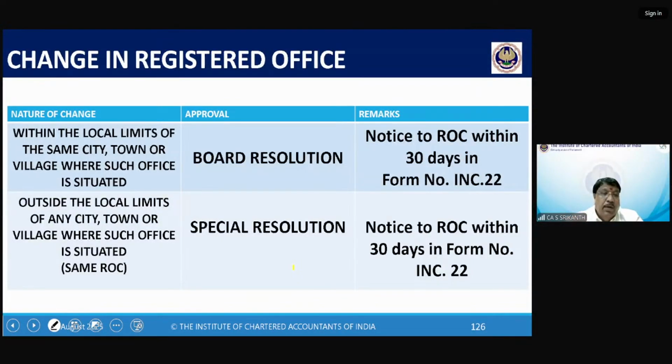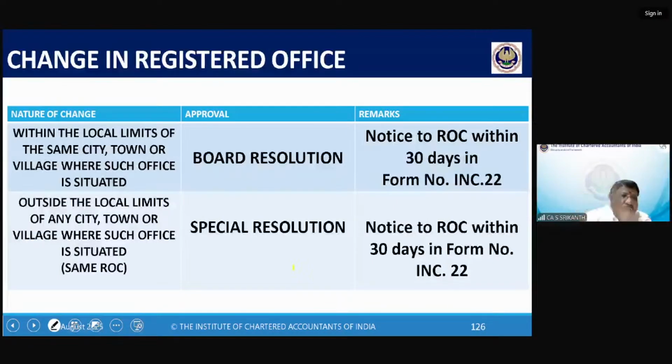Now, he wants to move. What happened? He feels that the registered office is in Pune, whereas everything is happening outside of Pune in a small village. Say, Shegaon. Shegaon is very far away from Pune. He is having a factory there, in that gaon.